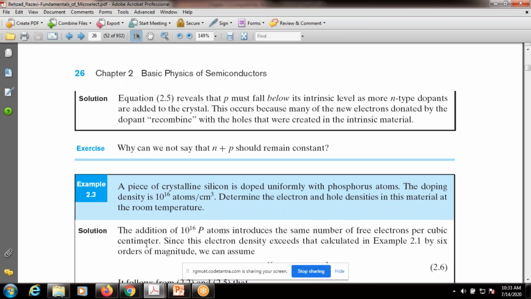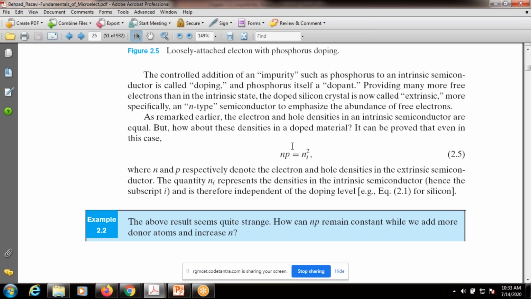Now the answer is, in equation 2.5, p must fall below the intrinsic level as more n-type dopants are added to the crystal. The only possibility is that n increases, and p compulsorily decreases. Why? Because of recombination.